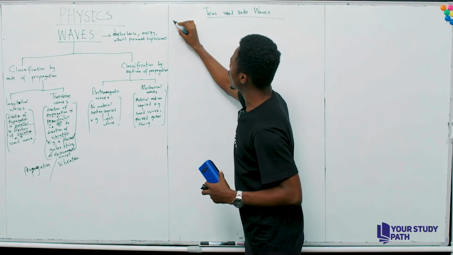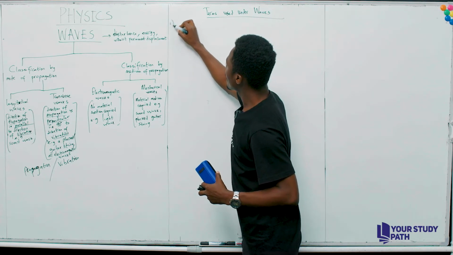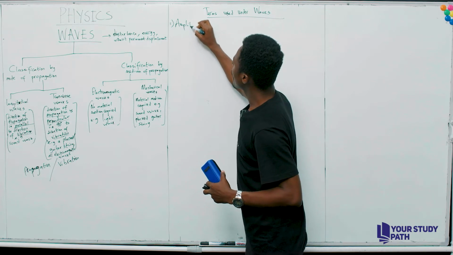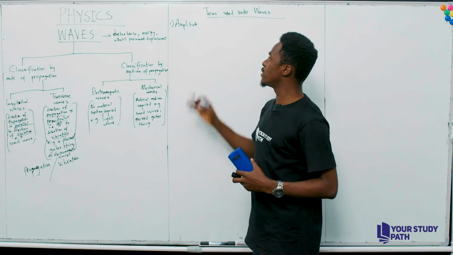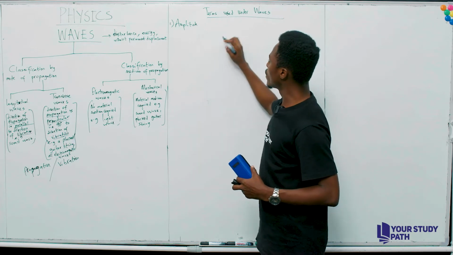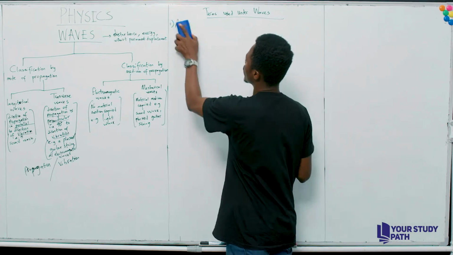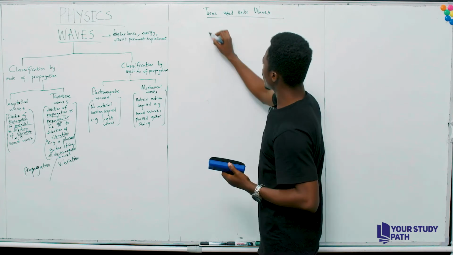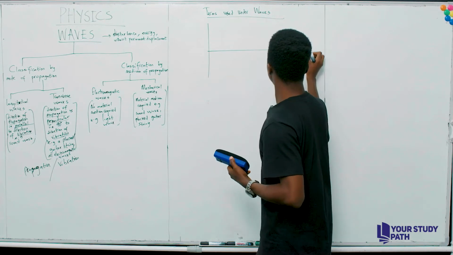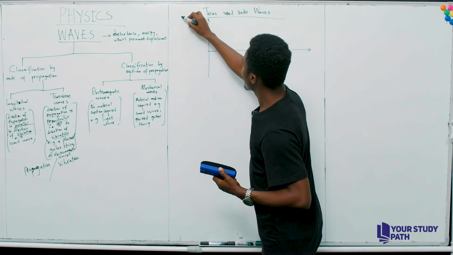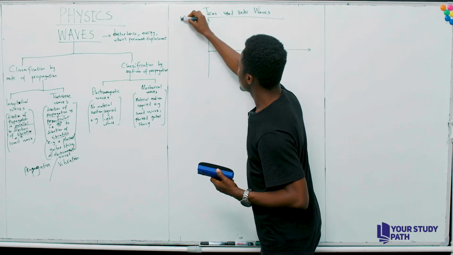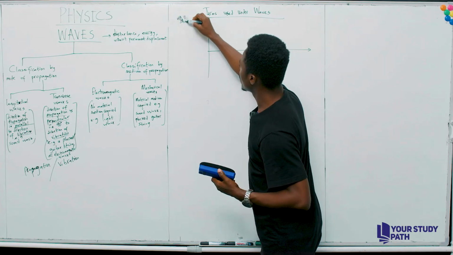Number one is the amplitude. So amplitude is actually the value given to, let me illustrate first with a diagram. Some part of it can be illustrated using a diagram. Let's call this displacement.